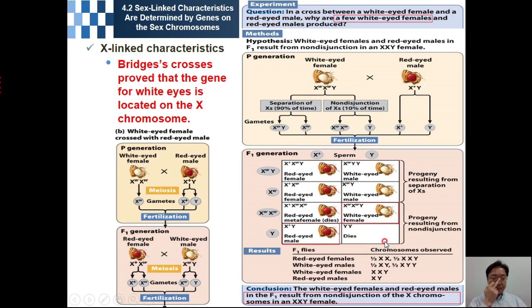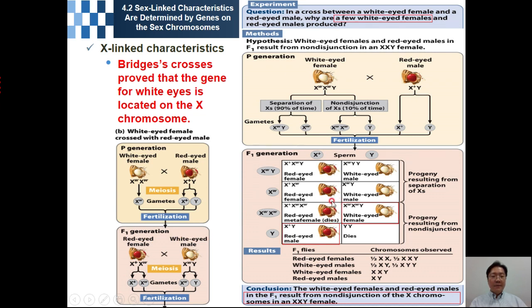So that is the reason why people can find a few exceptions. Usually in the F1 generation, when the white-eyed female and red-eyed male are crossed, all of the females are red-eyed and all of the males are white-eyed.